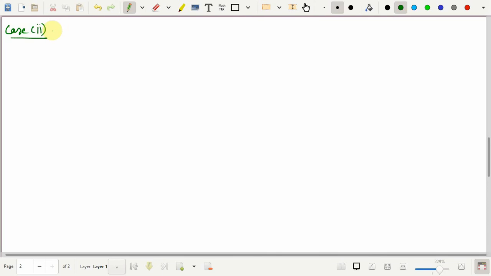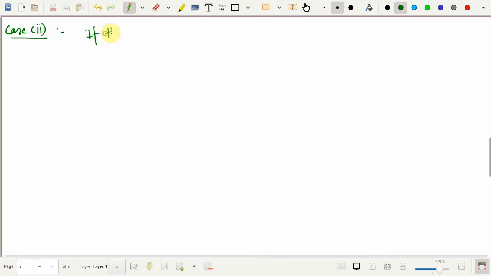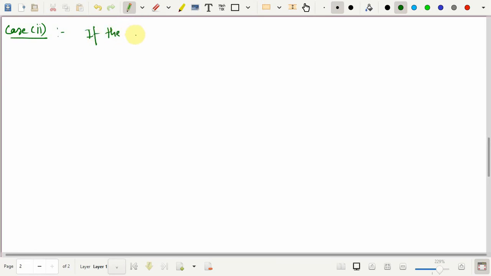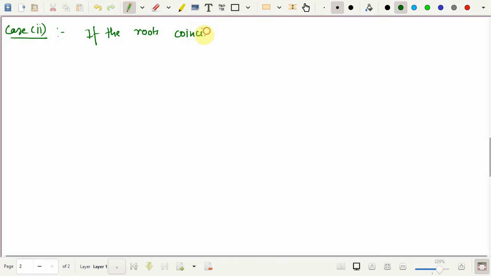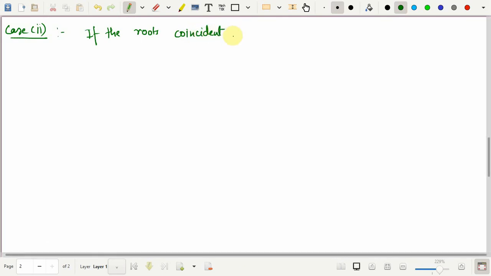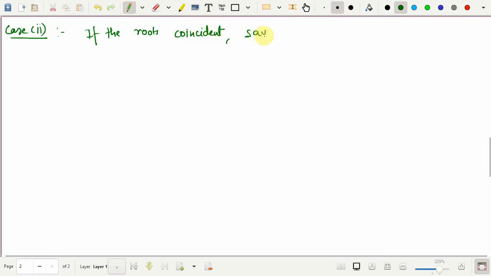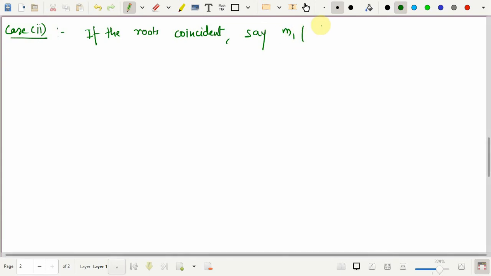So how do we write? If the roots are coincident, that is both the roots are the same, say I'll call this m1, this is repeating twice.